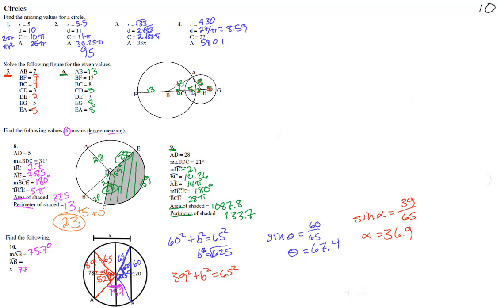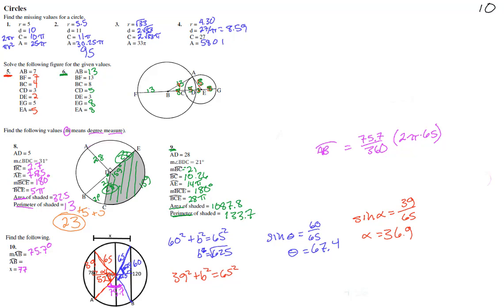All right, and now for the arc AB. Arc AB is going to be 75.7 out of 360 times, so this is the portion of the circumference, which is 2 times pi times the radius, which is 65.